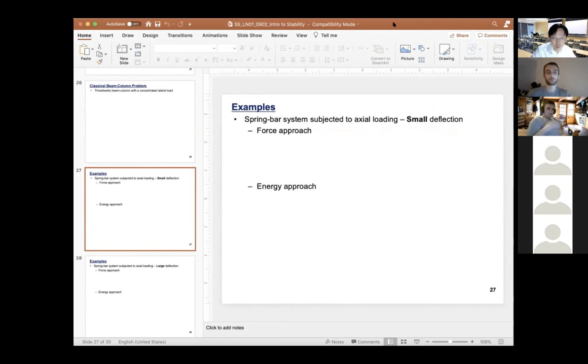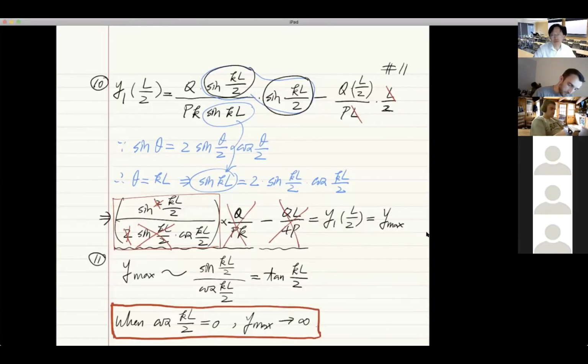The next example is to study the buckling load, to determine the buckling load of a spring bar system subjected to an axial force. Now, we're going to come back to the note, which is here.